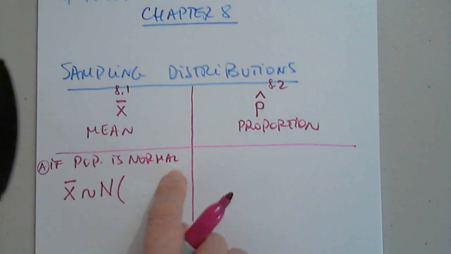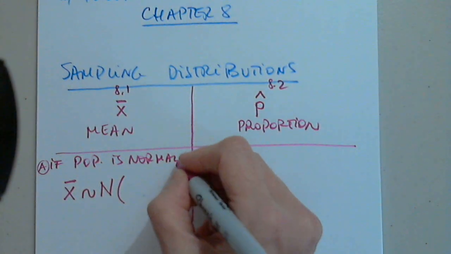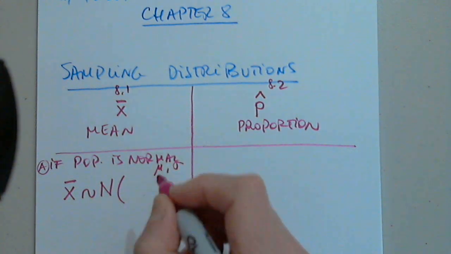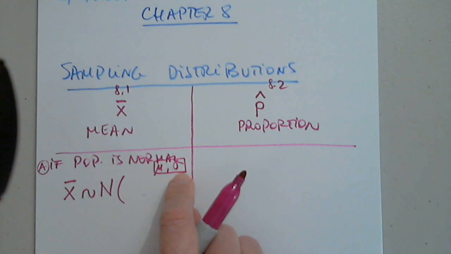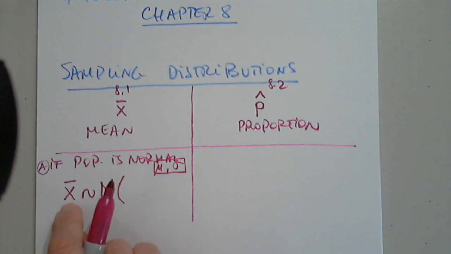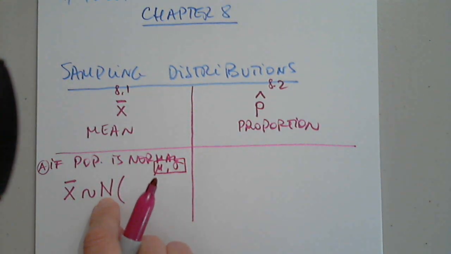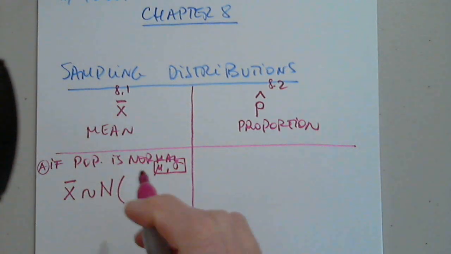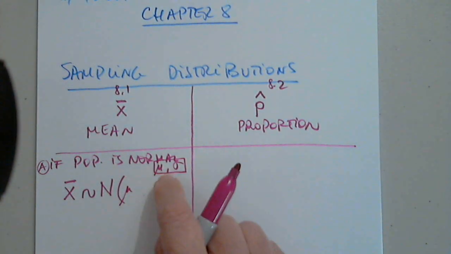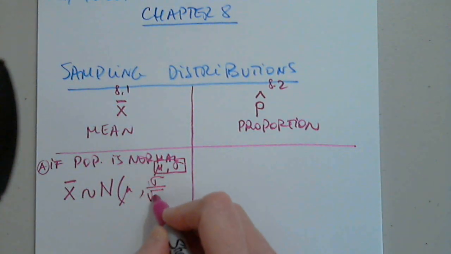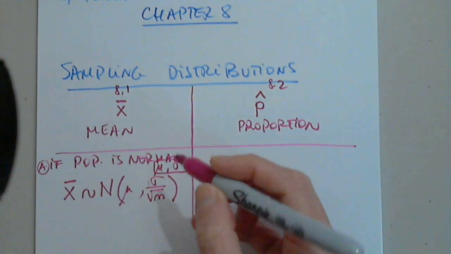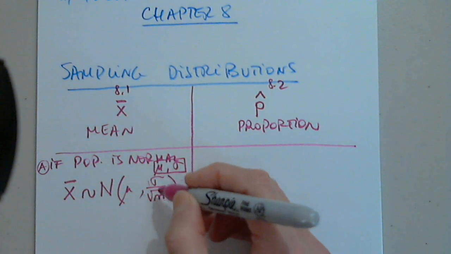So the population is normal, let me put also here with mu and sigma, very important. Mu being the mean and sigma being its standard deviation. Then X bar will be normal for any sample size, with the same mean but the standard deviation much smaller: sigma over the square root of n.